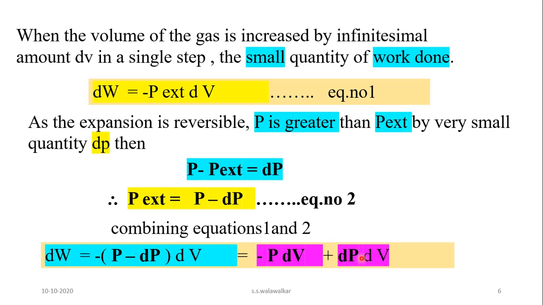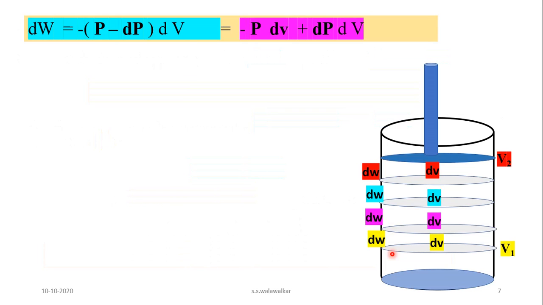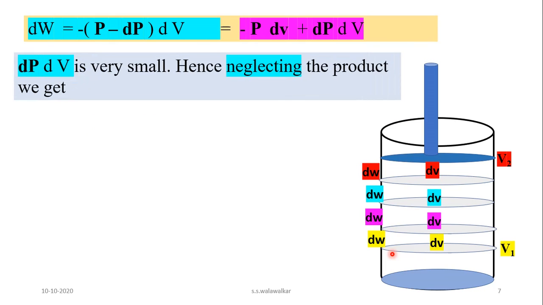But dP is very small and dV is also very small, so the product of these two very small quantities is negligible. Hence neglecting the product dP into dV, we get dW is equal to minus P dV.